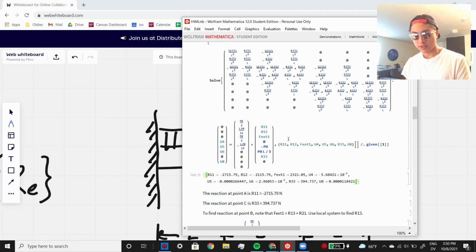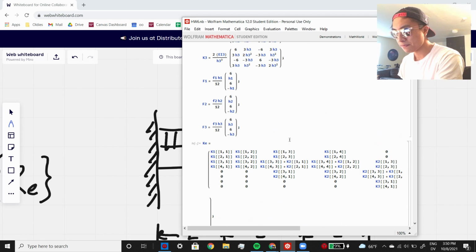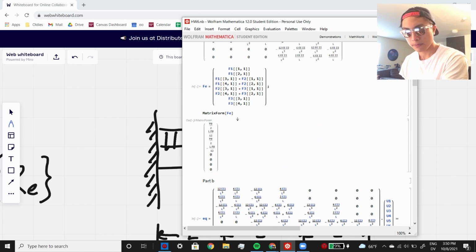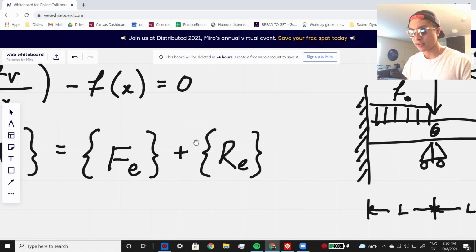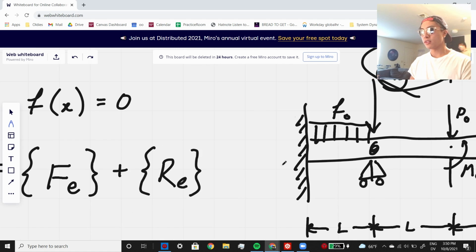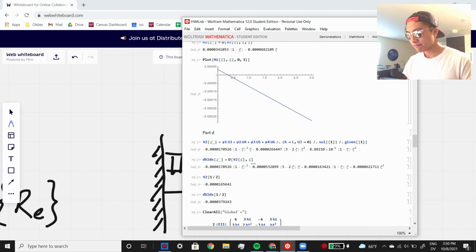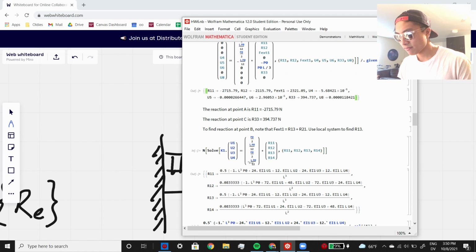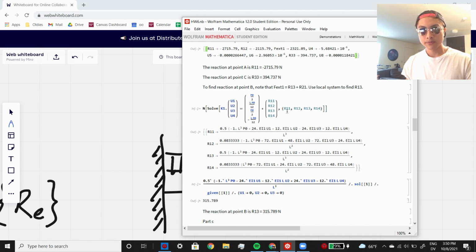We've been solving the global system. That's why we added the K's and the F's together. You can see here, putting the K's and the F's together to solve the global system. The local system is pretty much solving the matrix equation for one of the elements and only one of the elements. And that's where we can get R13 as shown here.